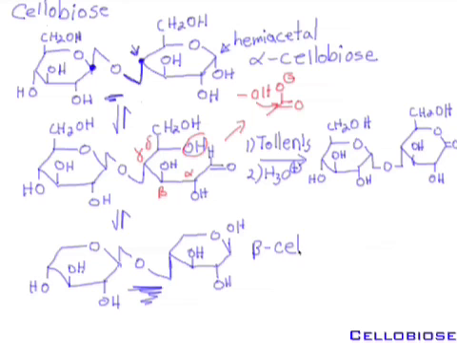So everything that applied to maltose applies to alpha and beta cellobiose. It can ring open, it can interconvert between alpha and beta forms at the anomeric carbon, and it can be oxidized and hence is a reducing sugar. So everything occurs the same.